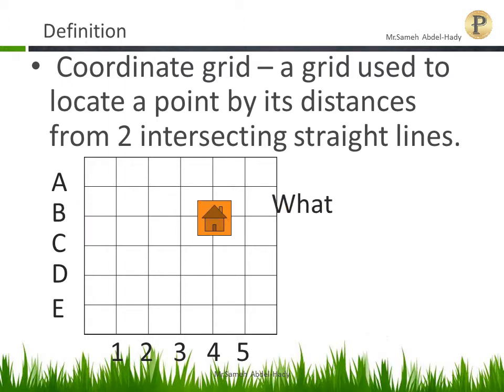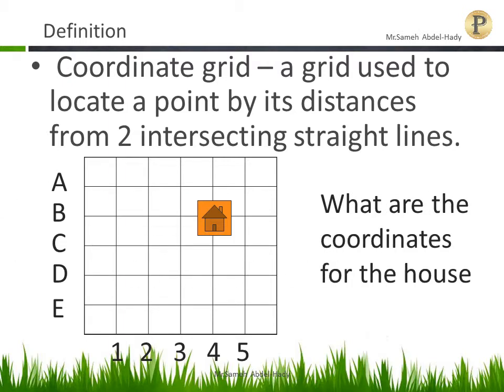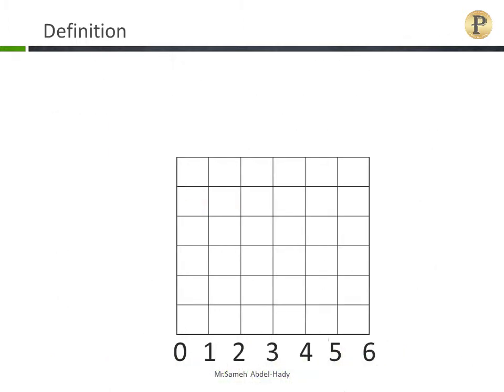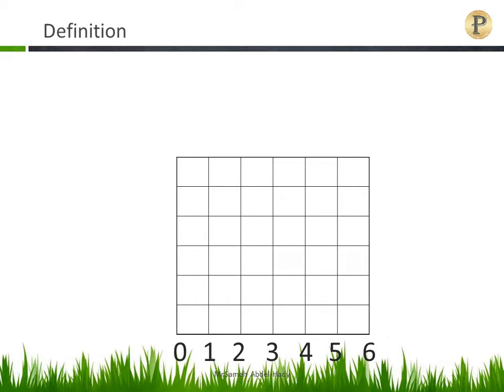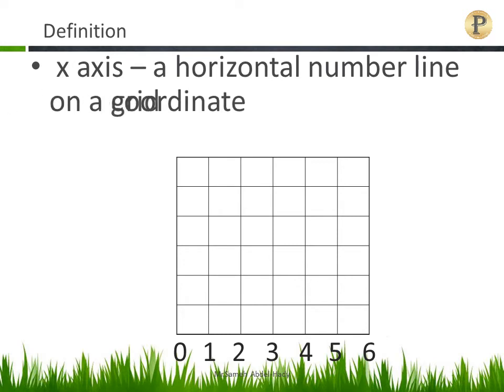Look at this house. What are the coordinates for this house? I ask about the coordinates, the projections of this house. The horizontal axis is called x-axis, a horizontal number line on a coordinate grid.